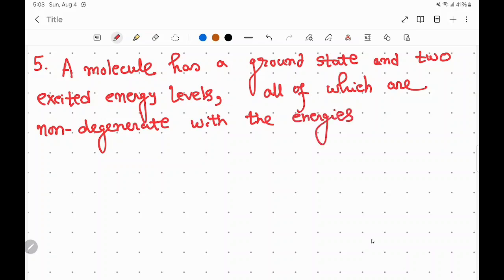With the energies, epsilon 0 is 0, epsilon 1 is 1 into 10 to the power minus 20 joule, epsilon 2 is 3 into 10 to the power minus 20 joule.